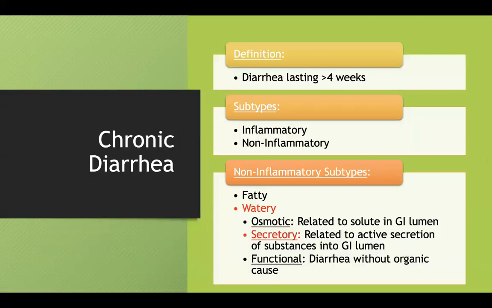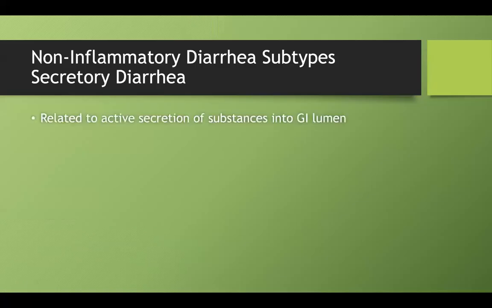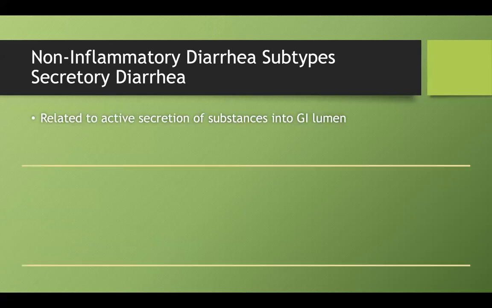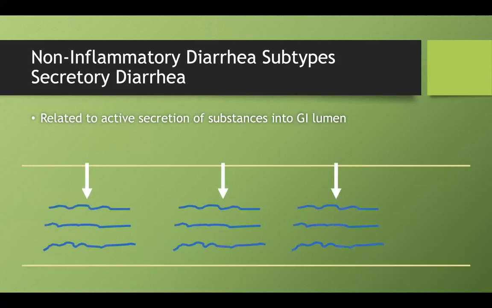Let's contrast that with secretory diarrhea. This is caused by active secretion of substances into your lumen. So if this is our lumen, you're going to have active secretion of all these water and electrolytes into the lumen and out into the stool. And so this will present as constant diarrhea, including at night.